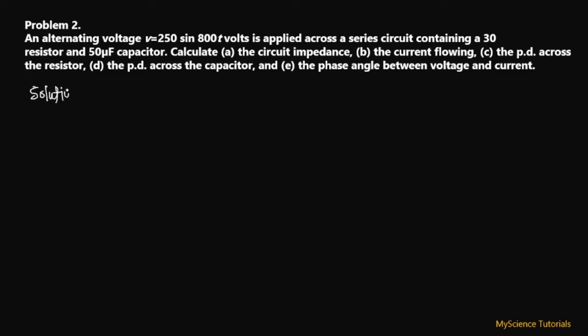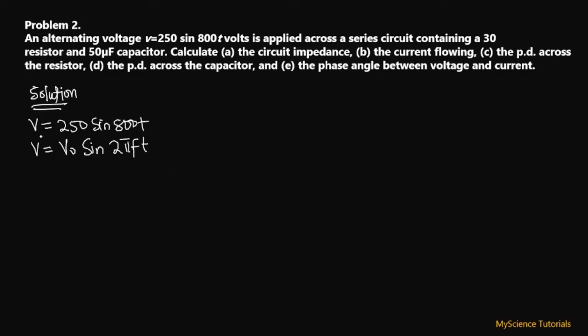Now, solution. We have an alternating current with voltage. The voltage has been given to us as 250 sine 800t, which is a waveform. When we are given the voltage in a waveform, the actual form in which it is written is V equals V naught sine 2 pi ft.